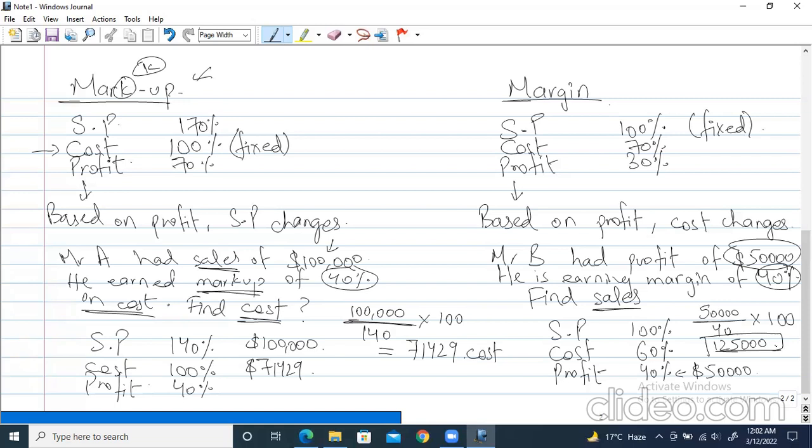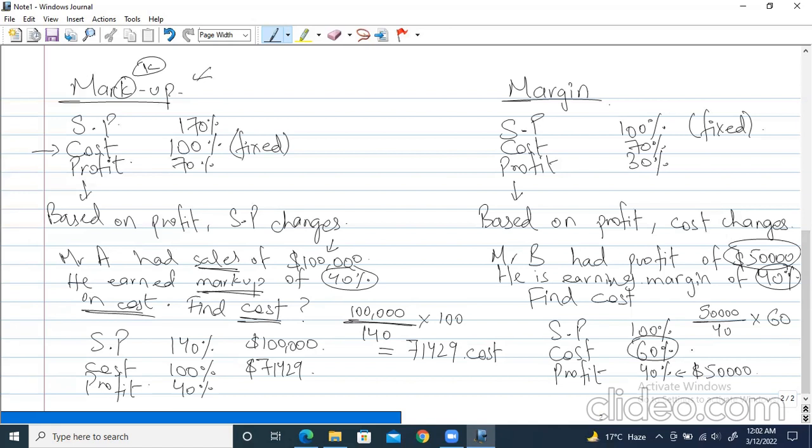Now imagine if we needed the cost over here. If the requirement was to find the cost, what we would do is 50,000 divided by 40 multiplied by 60, because the requirement over here has changed to 60%.